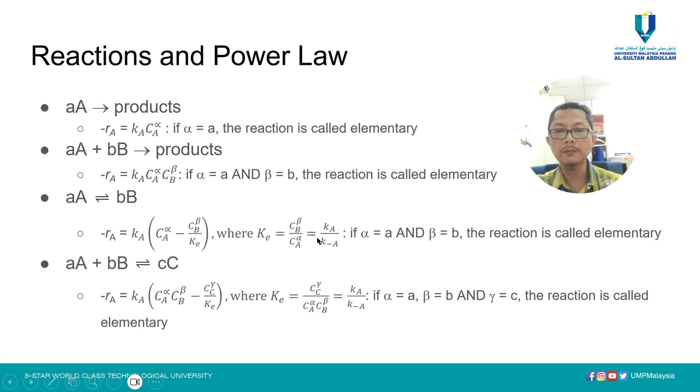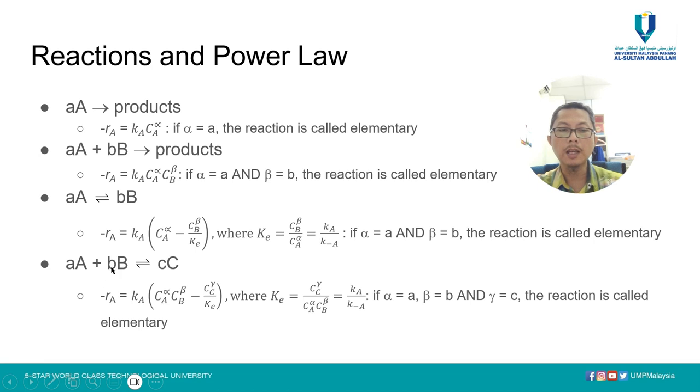We can also calculate KE, the equilibrium constant, from the ratio of the rate constants of the forward reaction and reverse reaction. Again, if alpha and beta are the same as the stoichiometric coefficients, the reaction is called elementary.